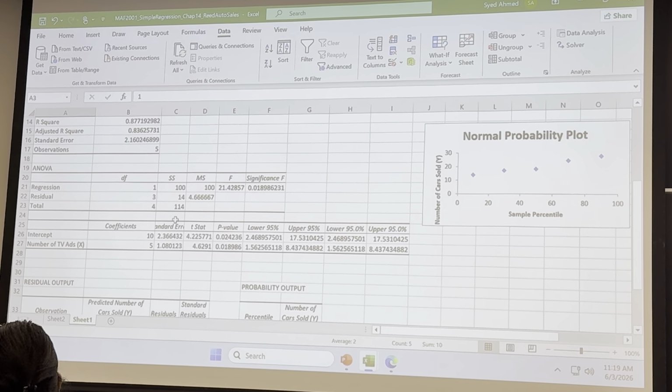Can you tell me, when I take SST and divide by 4, what do I get? What do you call that? MST, but what is this MST?